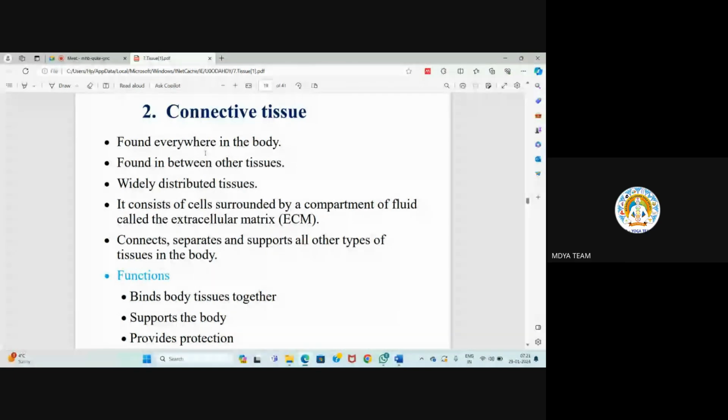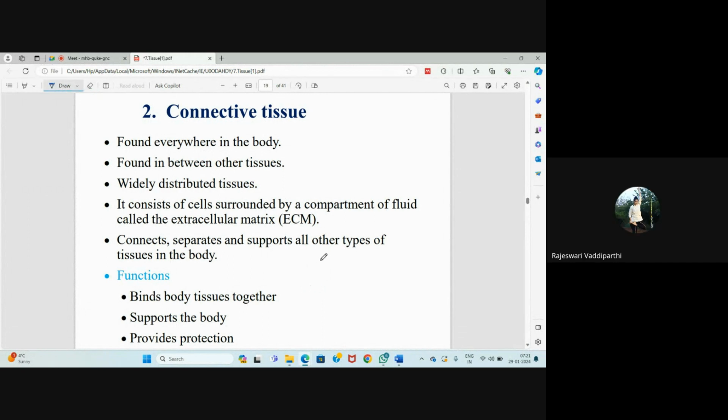That is what I was telling: when we are talking about extracellular matrix, let me draw. Suppose this is one cell. It's very difficult to draw here.